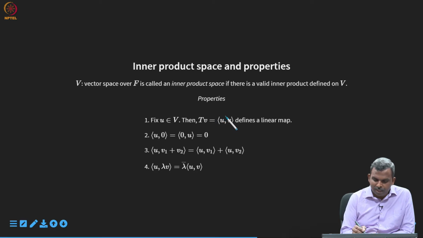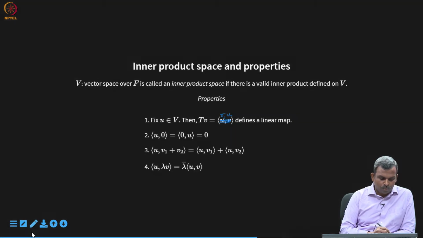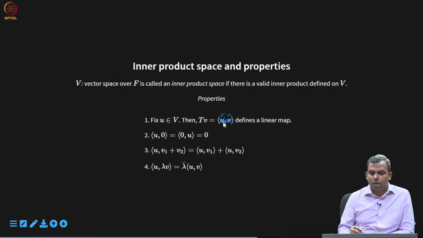If I make this, instead of u comma v, if I make it v comma u, then I'm okay. So I fix u and then I do this inner product with v comma u, I get a linear map. There is no confusion once I do v comma u. Everything works out very cleanly. All the conditions for a linear map are satisfied.